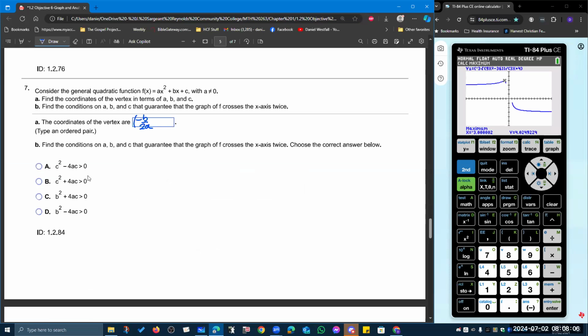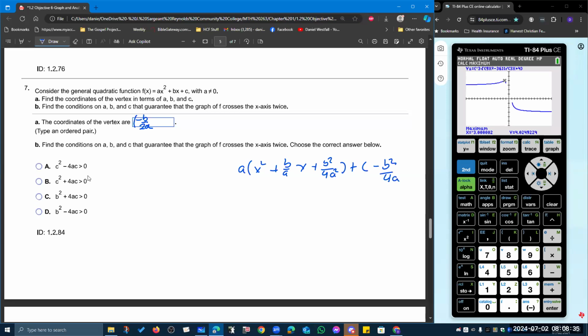So a times x squared plus b over a x plus c, plus half of the middle number squared, b squared over 4a, minus b squared over 4a.